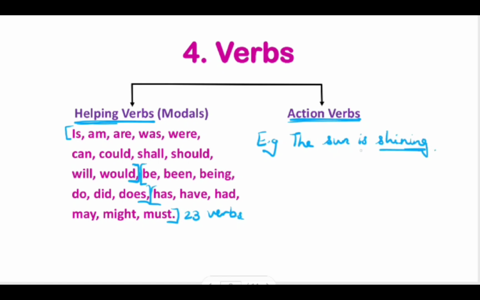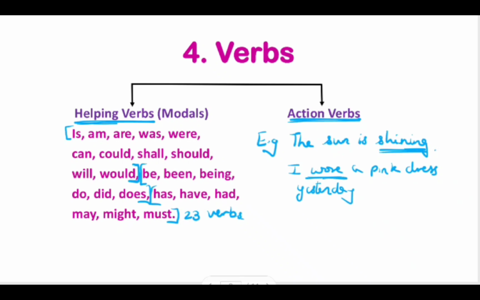Shining is what tells what is the action that's happening. In "I wore a pink dress yesterday," what was your action? Wearing. So these are action words.